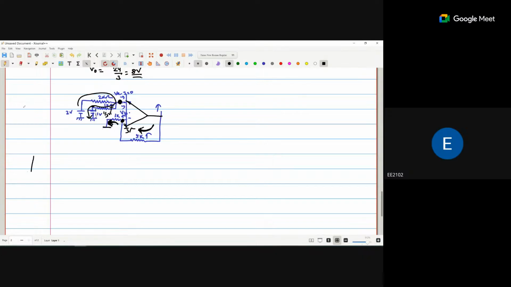So this is my 2 volts, the 2 kilo ohm resistor. This is the 1 kilo ohm that is grounded. Why? Because the 1 volt source will be a short circuit.